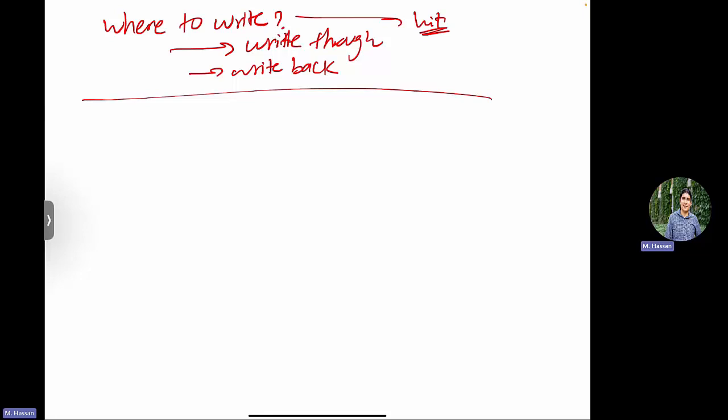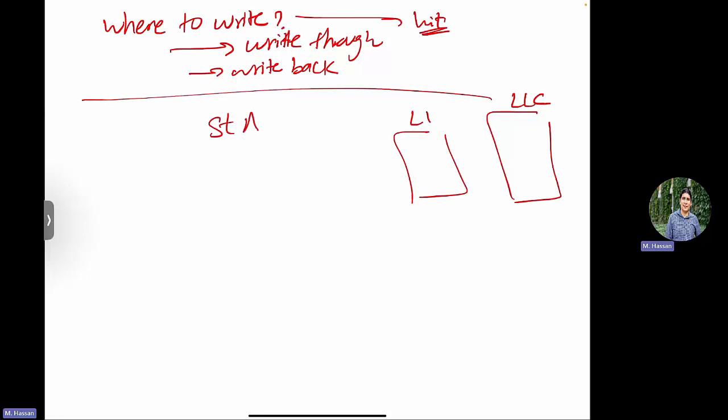If you have a store request or a store instruction, so you have an L1 here, you have the LLC. In the previous example, I intentionally made a load A first before I do the store because I wanted to bring in the line to the L1 to make it a hit. But if I start directly with the store A, which is a miss in the L1, and I want to write 10 directly into L1.